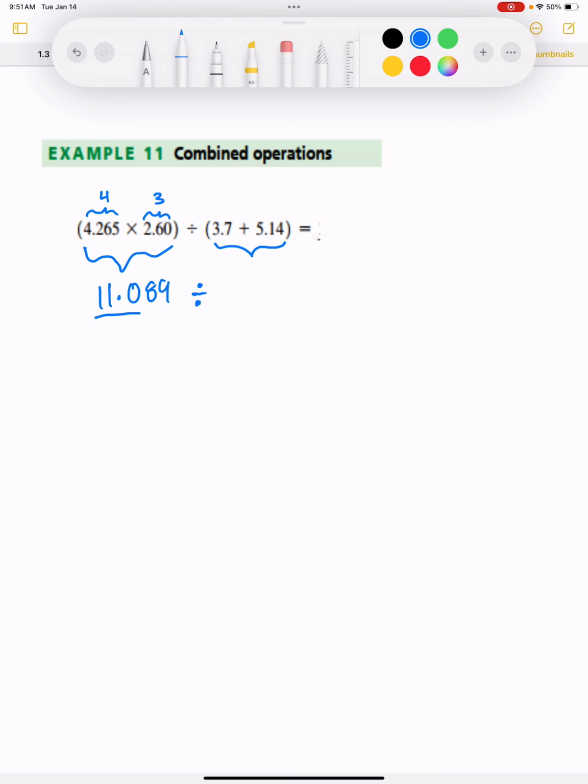And then we have this. This is being added, which means that when we add these numbers together, 5.14 plus 3.7, we get 8.84, right? But this is rounded to the tenths, and this is rounded to the hundredths.